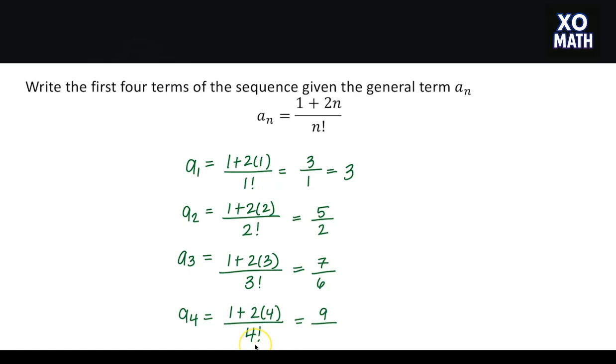So 4 factorial, 4 times 3 times 2 times 1. Well, our last factorial, 3 factorial, was 6, so we're just multiplying that by 4. So that's going to give me, again, that 24. And so these are our first 4 terms of the sequence: 3, 5 halves, 7 sixths, and 9 twenty-fourths.